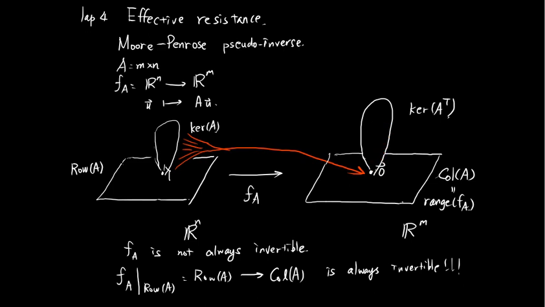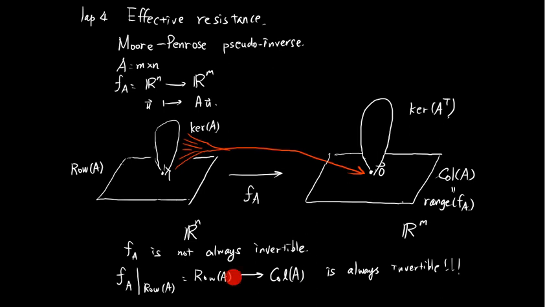So if you only consider the function that sends this plane to this plane, the row space to the column space, then you can carefully prove that it is invertible. It is a one-to-one and onto function. It is a bijection. And more than that, they have the same dimension, right?